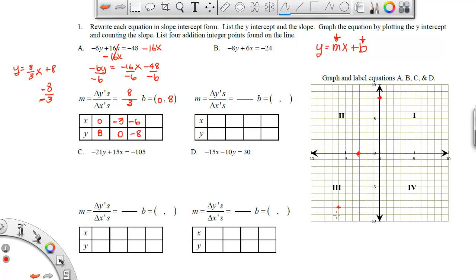Now if my graph was bigger, I could go ahead and find another point way down here. So now we want to graph it. Draw the line through the ordered pairs. So there we go. There's line A.